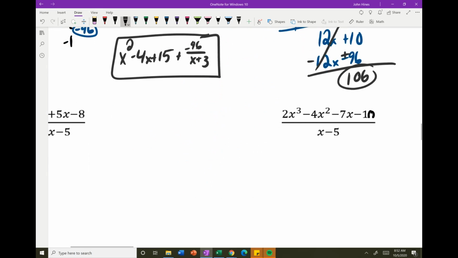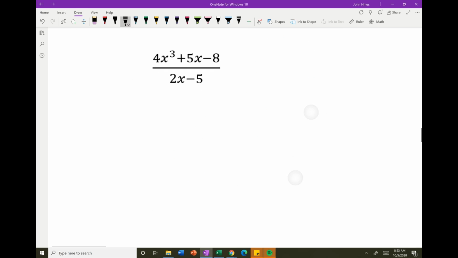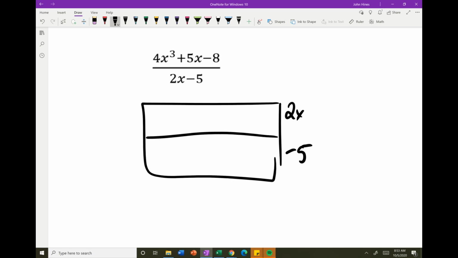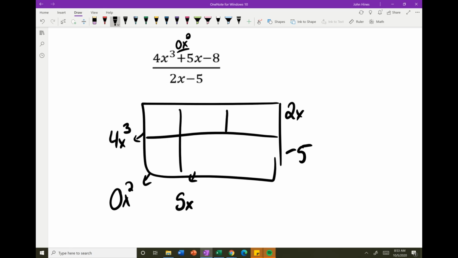All right, couple more to go here. I'll do another reverse tabular. So 2x minus 5, and I'm dividing away 4x to the third. Warning: I need a placeholder there, since I have 0x squared. Make sure you catch that one.